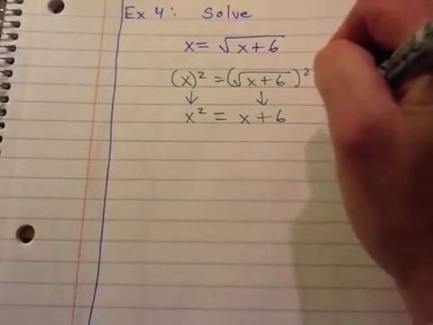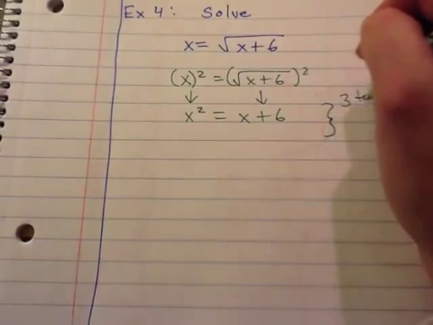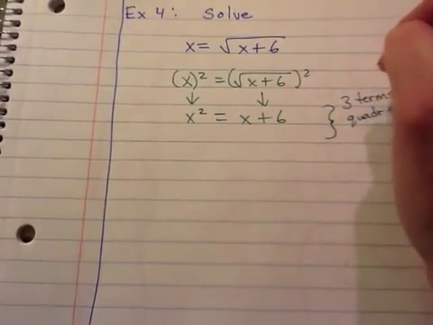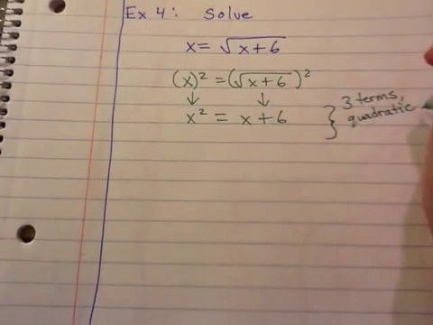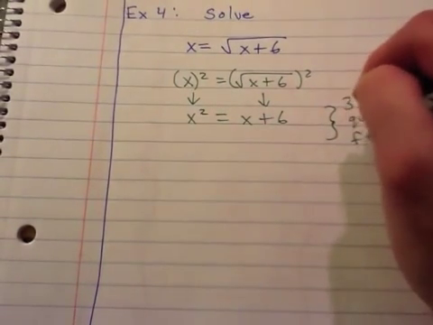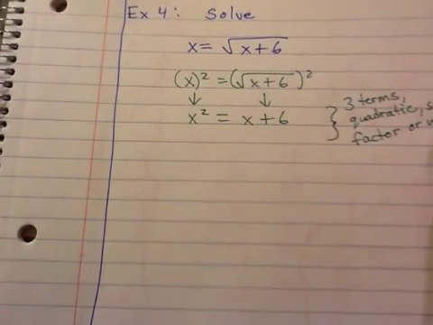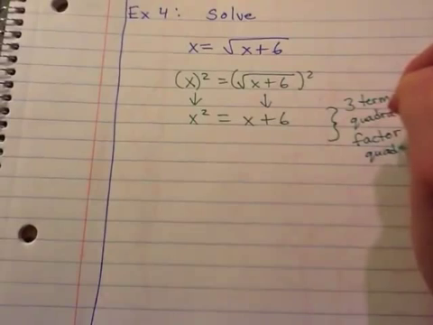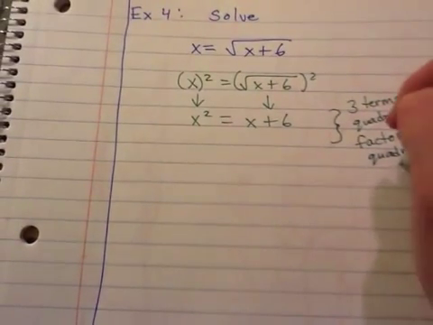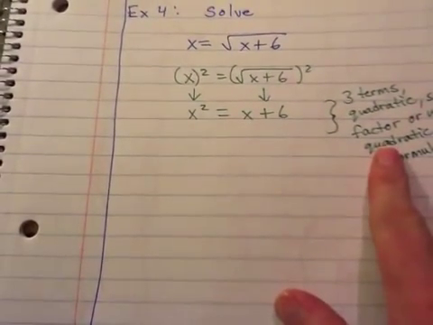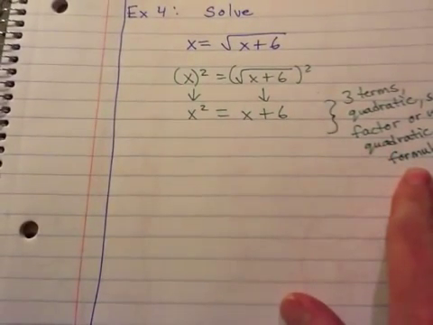So right here, I have 3 terms, and I have a quadratic. So factor, or use quadratic formula. Remember, if it's factorable, you can factor. If it's not factorable, you have to go to that.